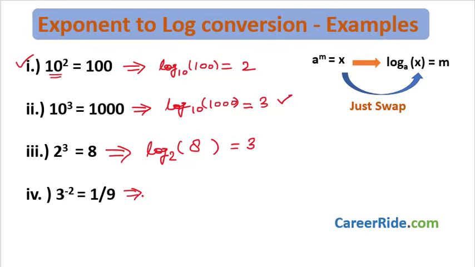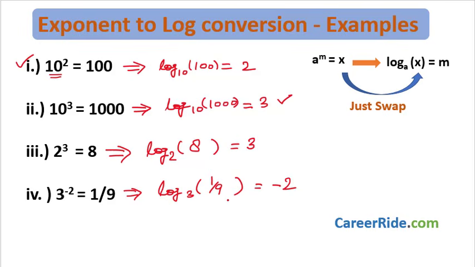What happens in the fourth case? 3 to the power minus 2 is equal to 1 by 9. So how do we do it? Log, the base stays the same. Log to the base 3. So now again 1 by 9 comes toward the left hand side and minus 2 goes towards the right hand side of the equal to sign.